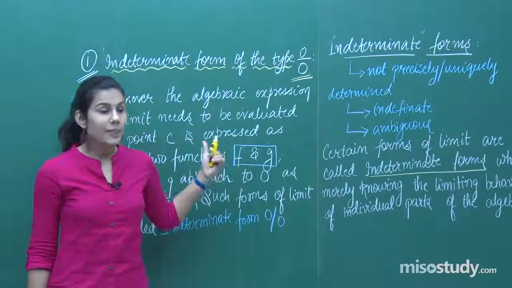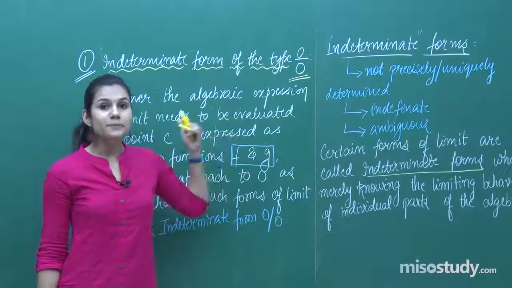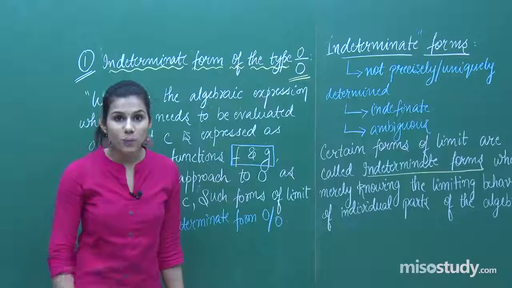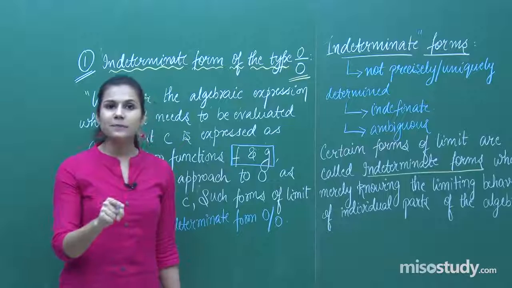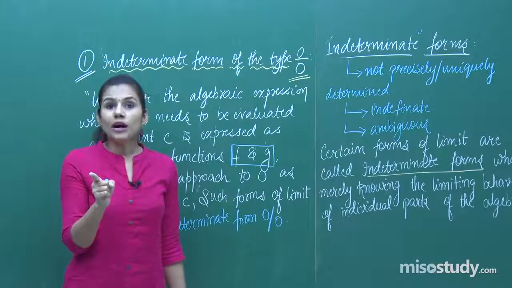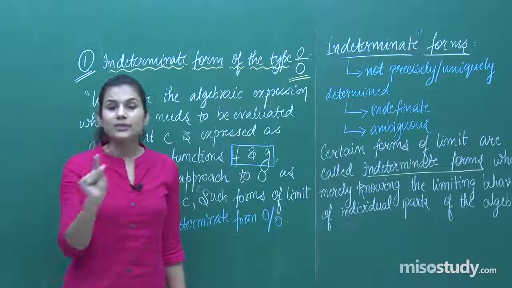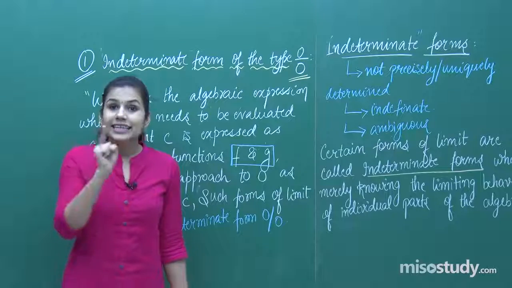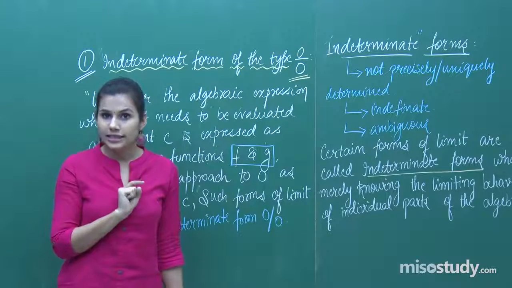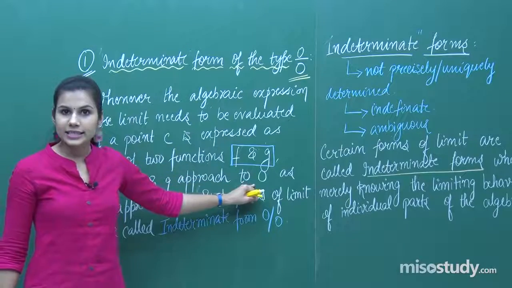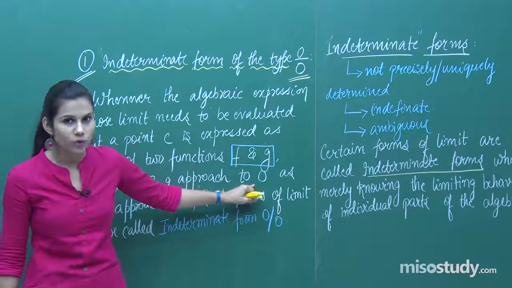It is saying that indeterminate form of the type 0 by 0 occurs when you have the algebraic expression of the form f by g, whose limiting behavior needs to be evaluated at point C, and when you are segregating this limit to the individual expressions f and g, that means when you are finding out the individual limits of f and g at C, they are coming out to be 0. Limit of f at C is 0 and limit of g at C is 0.